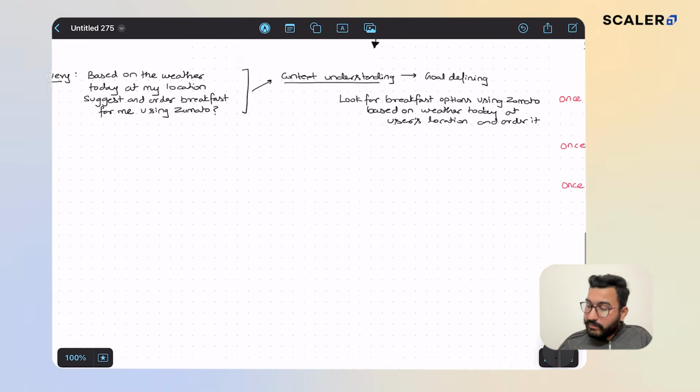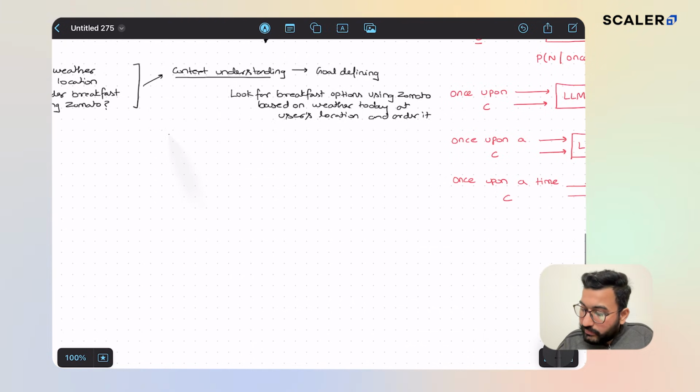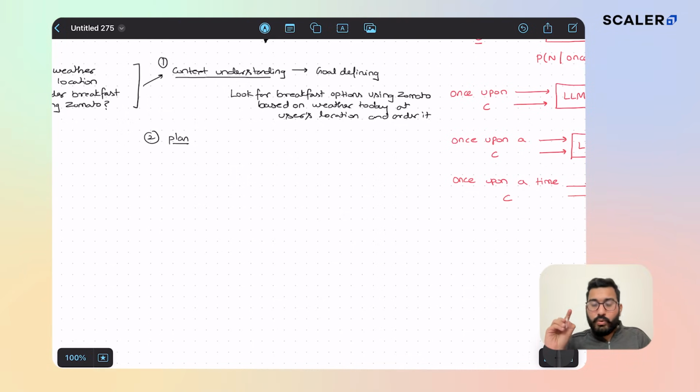Now ChatGPT will go into the planning phase. So after this was step number one, context understanding. Second step is plan. Now plan is done before execution. So first it will plan and then it will go into the execution phase. But first plan. For the planning, the very first step is to understand what are the requirements.